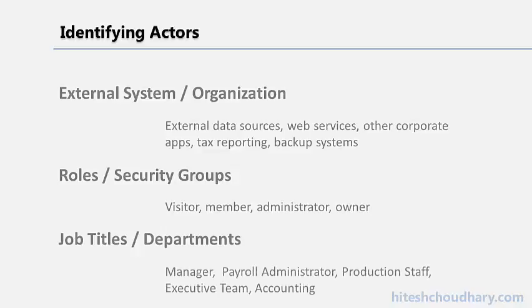How does the data entry staff interact with the application as opposed to the executive team? Although the idea of a security level, a role, or even a job title might prompt a particular scenario, a particular use case, or make you think of something that you need to write.